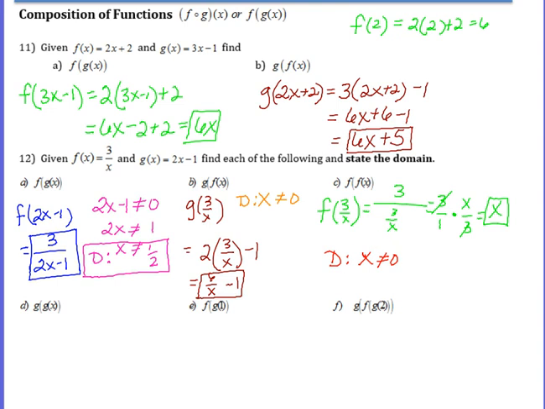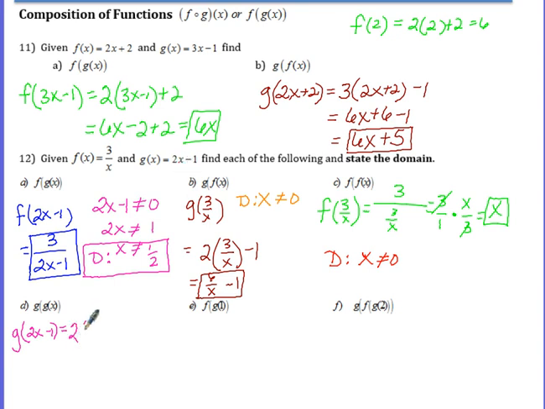Let's look at g of f of x. Remember that we input the f function, 2x minus 1, as the input into the g function. So let's figure out what that is. 2x minus 1 goes into the input of this function.